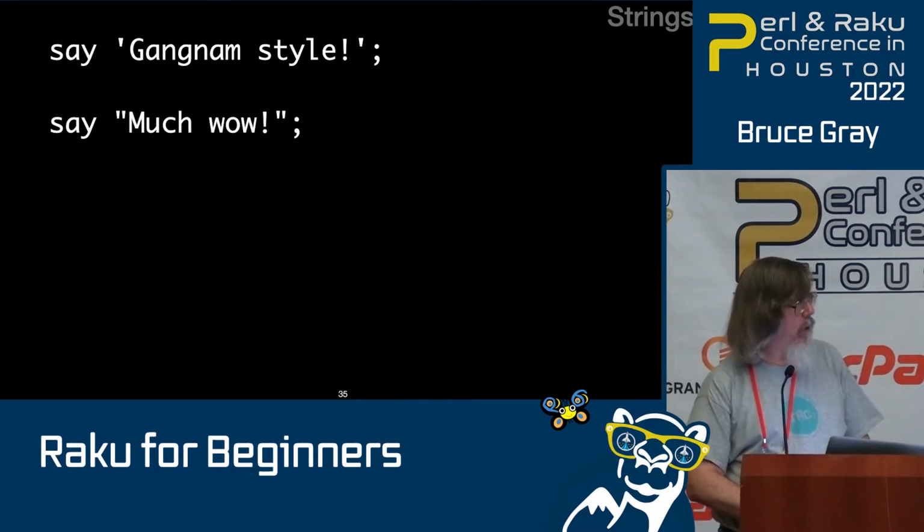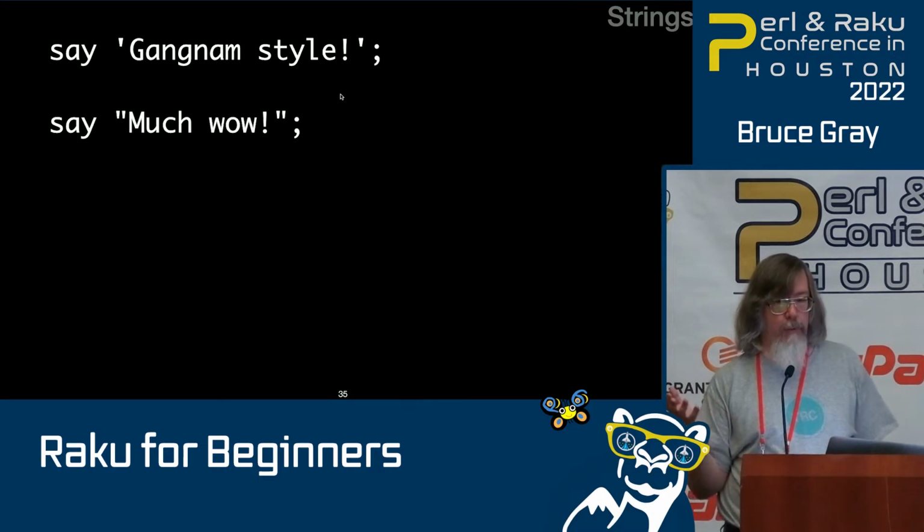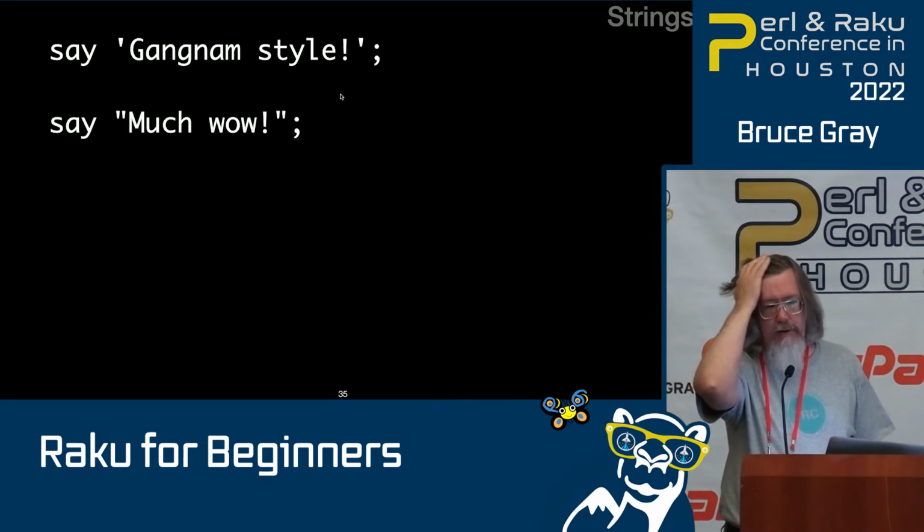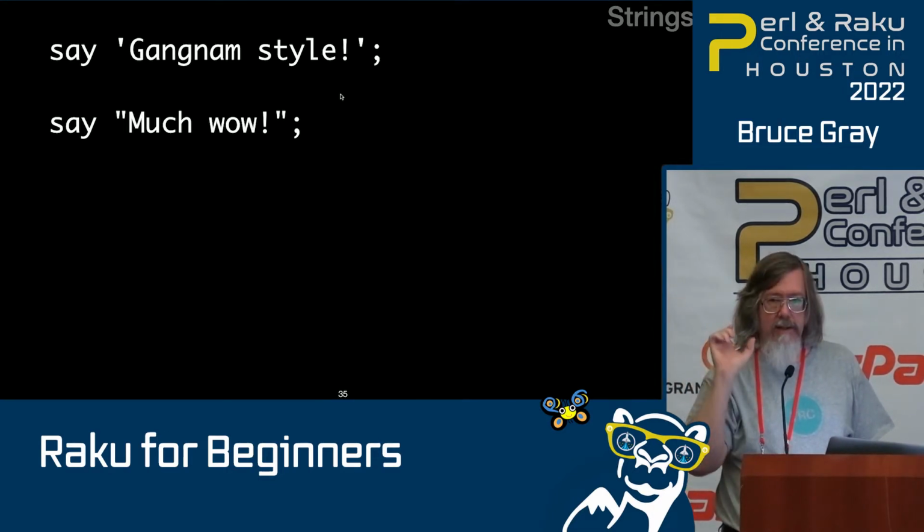We have lots of quoting constructs. The two obvious starter ones are single quotes and double quotes. Double quotes have much richer abilities. Single quotes do less, so they're more appropriate for simple strings. It really is like a divide in the Perl world where some shops, some programmers say, if you don't need things like interpolation and more that double quoted strings can do, then it should be single quoted.